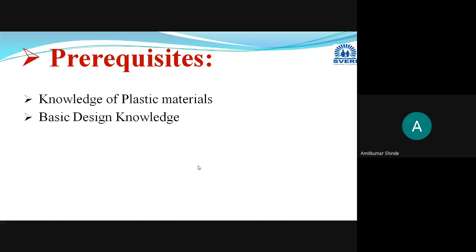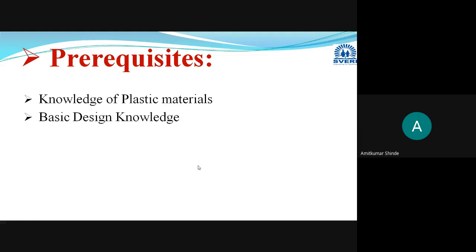And you should have some basic knowledge related to design. Knowledge of the material and of the design is very important while designing a particular part, and from which material you are going to manufacture it, and in which design you require it. As we are going to discuss the design of plastic parts, the basic knowledge related to plastic material may be related to its composition, its properties, its strength, and how it is formed.